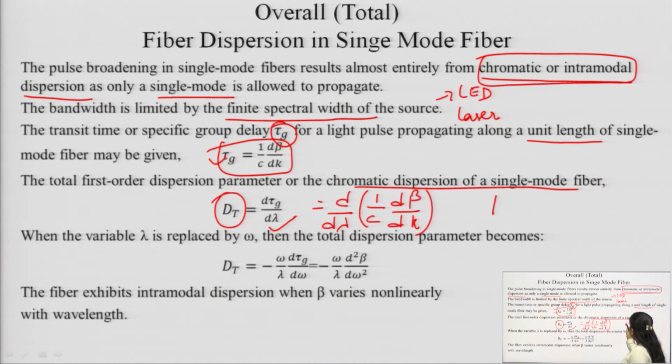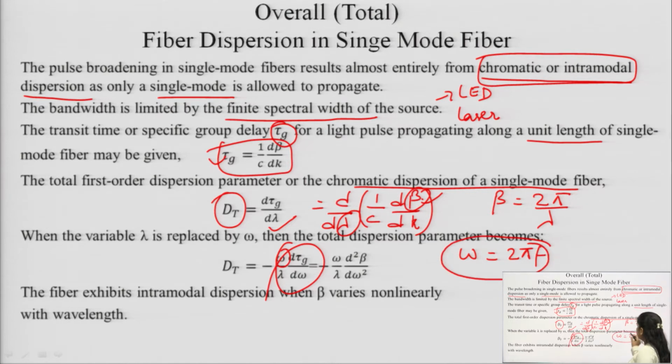And we know beta is equal to 2 pi by lambda. So, you have to substitute 2 pi by lambda here, then only you can differentiate it with respect to lambda. So, when we are trying to differentiate it, always keep in mind that we have to substitute this beta with 2 pi by lambda and then we will get this result, and omega is equal to 2 pi f.